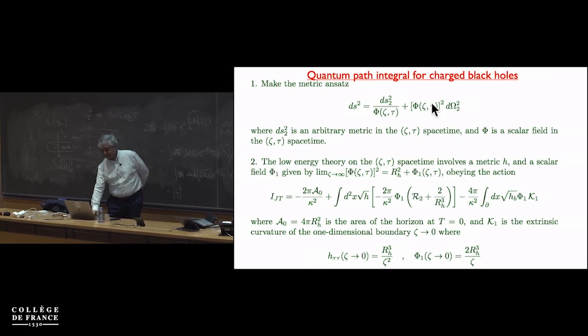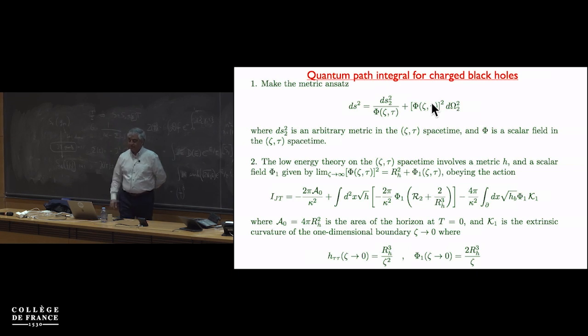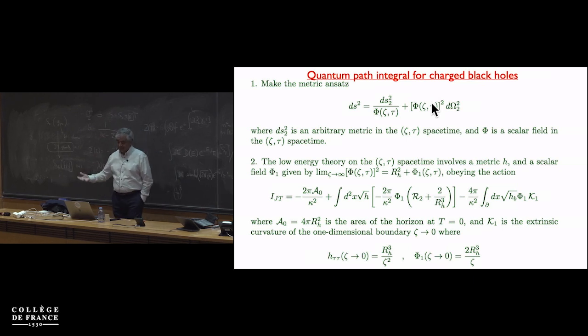And that scalar field is phi. So it's not pure gravity. It's gravity plus a scalar field. Just like in Kaluza-Klein, you had gravity plus a gauge field. So you can figure out the action for this phi and the metric. H is now the new metric. So this is what the action is. There's the famous Gibbons-Hawking term.